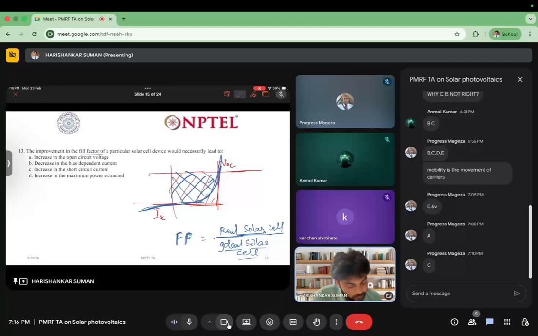This gives the idea about the shunt resistance.